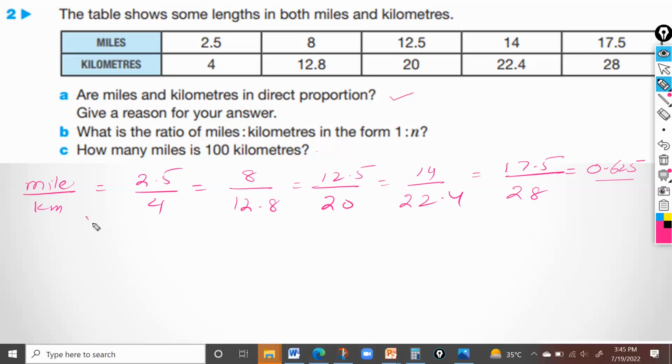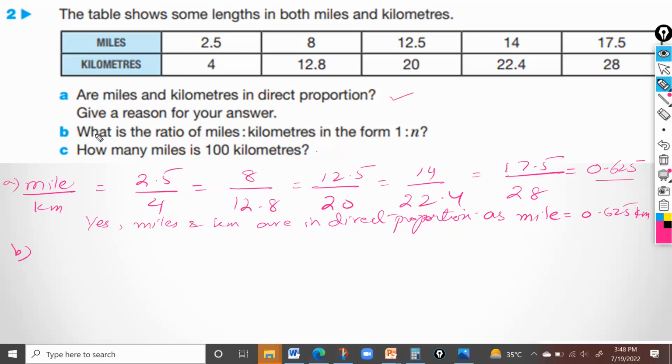So we say yes, miles and kilometers are in direct proportion, as 1 mile is equal to 0.625 kilometers.